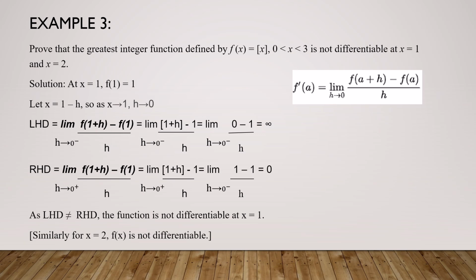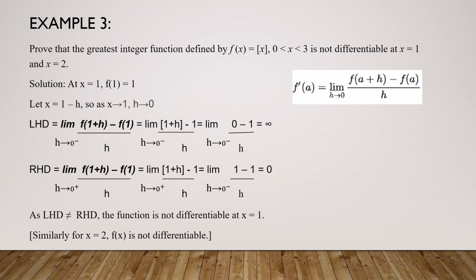Why? Because h is tending to 0 from the left side, for example say h is minus 0.001. So it will be box of 1 minus 0.001, which is a quantity less than 1, correct? And how do you define the greatest integer function? It is the greatest integer which is less than or equal to the given number.